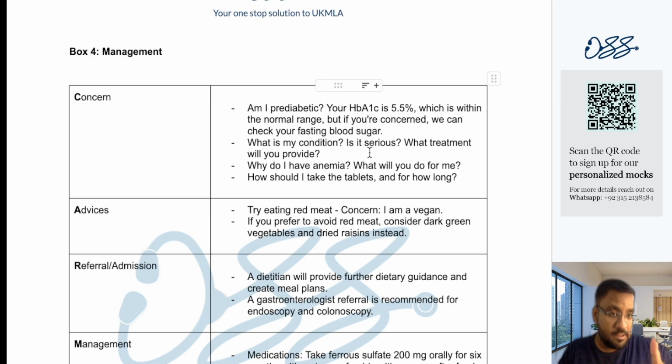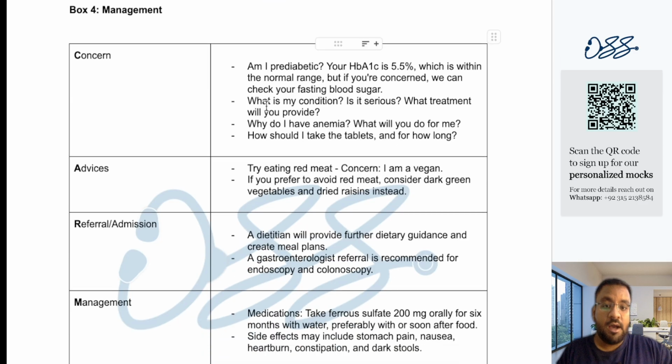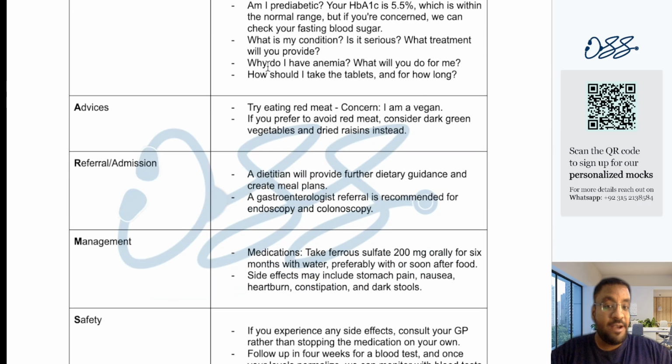Another concern they may raise is, what is my condition? You've already talked about it. Is it serious? You can say that no, this is not serious, this is a very common condition, and it is pretty manageable, and we can definitely manage it with some iron supplements. Then, why do I have anemia?